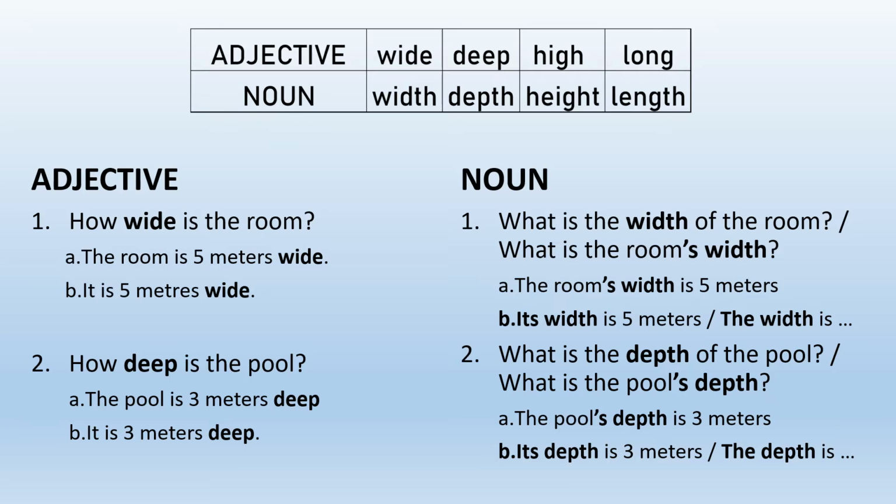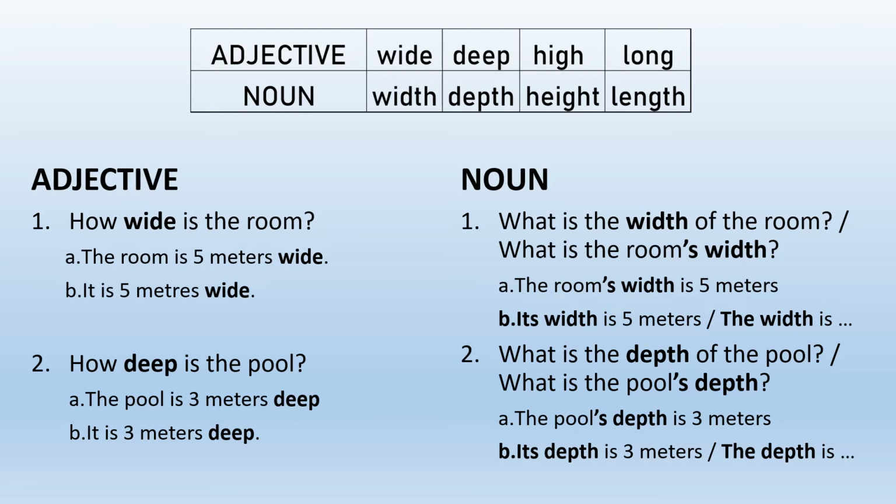Okay, back to adjective. Number two, how deep is the pool? The answer will be the pool is 3 meters deep or it is 3 meters deep. You cannot say depth. Okay, but the noun one, what is the depth of the pool, or what is the pool's depth?